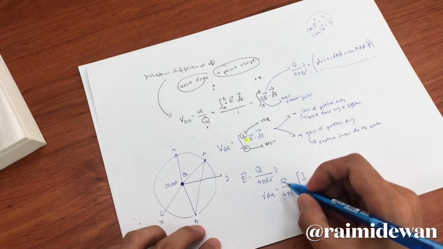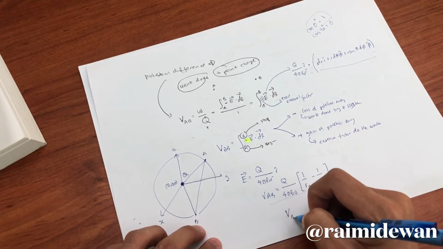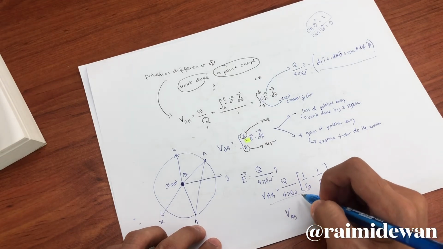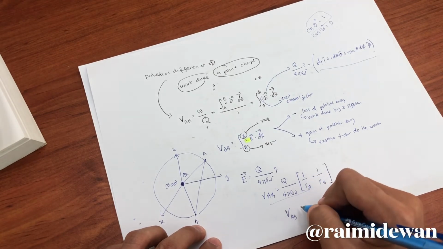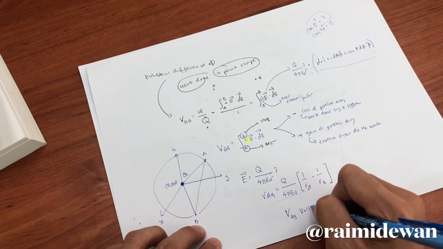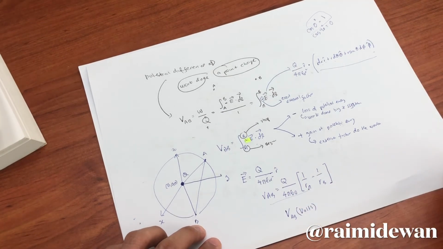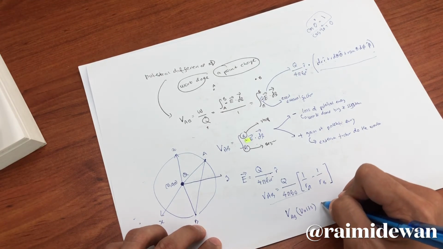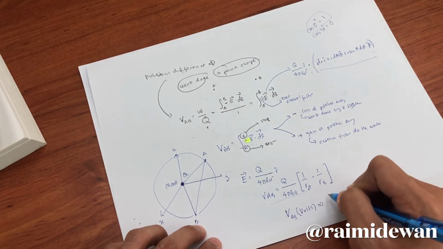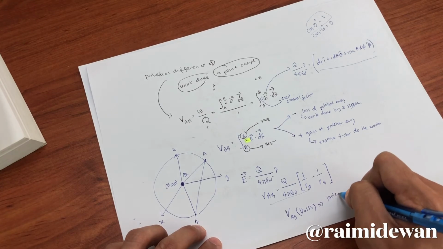As you know, VAB, the potential difference, is measured in volts. This one is general, everyone knows. But the other unit is actually joule per coulomb.